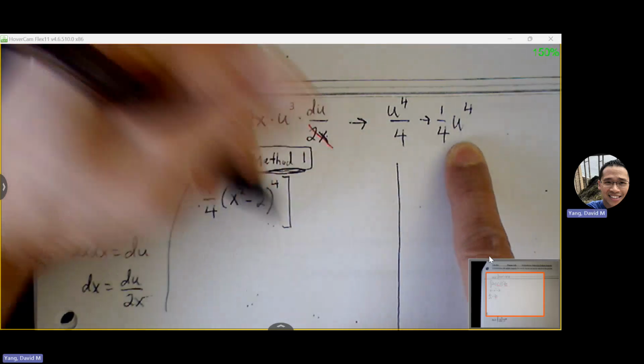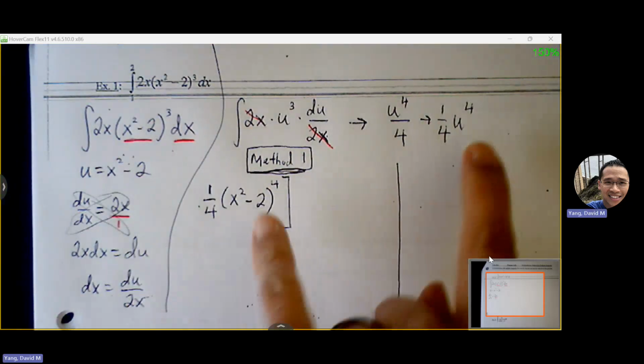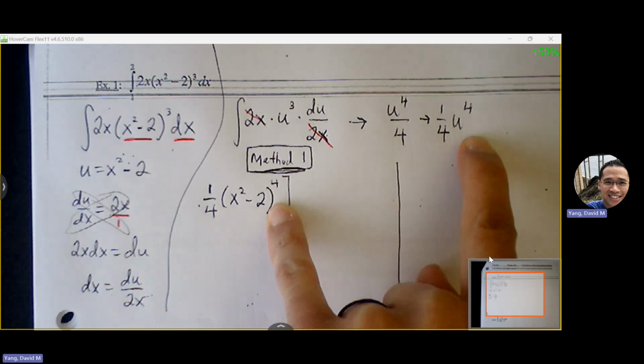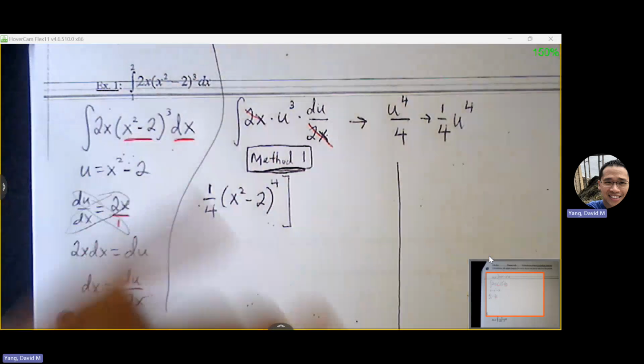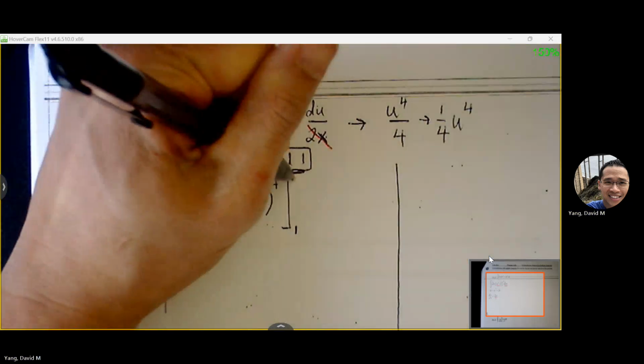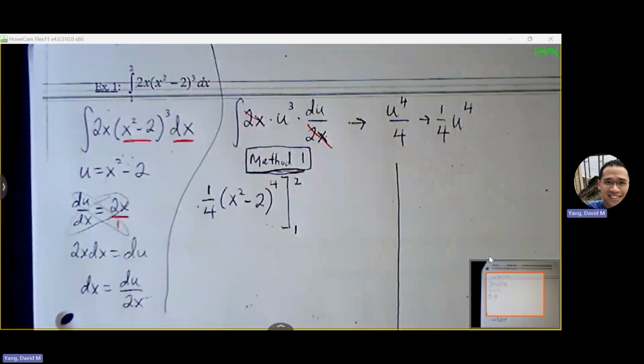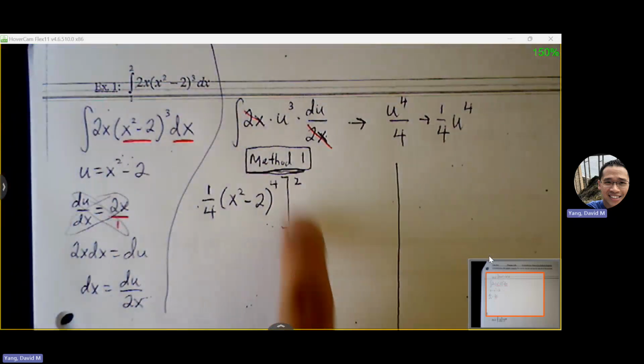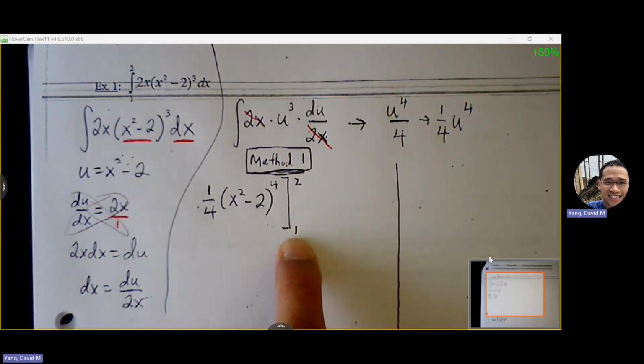And then evaluate, instead of doing a plus c, we're going to do half bracket, and now the bounds are going to play a role for us. Okay? If we don't see bounds, it's plus c. If we do see bounds, we're going to do this half bracket evaluation.